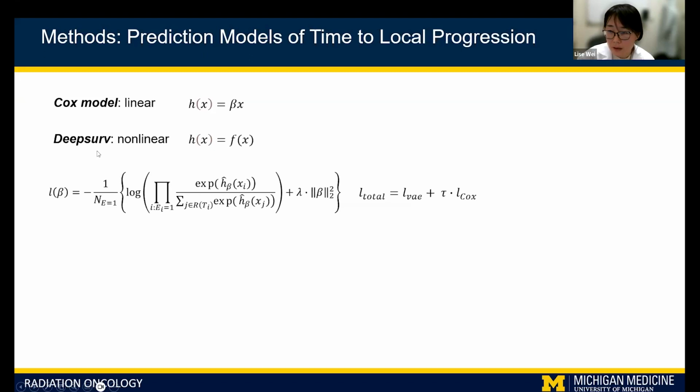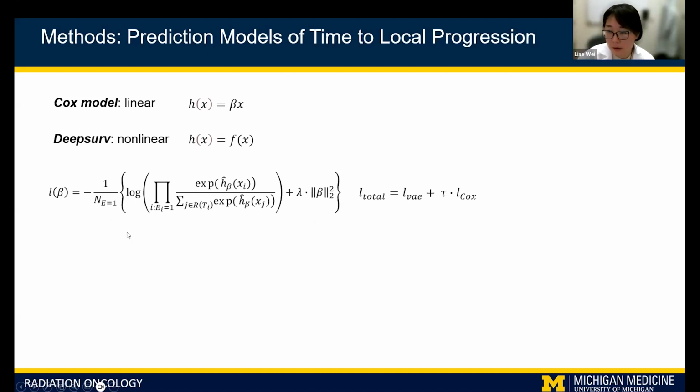DeepSurv was recently proposed to change the linear combination for the hazard function to be nonlinear, using a network to get the hazard function. This is the only change. DeepSurv also has the proportional hazard assumption; it's just a nonlinear calculation of the hazard function.